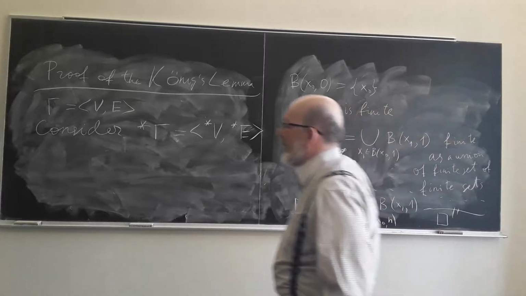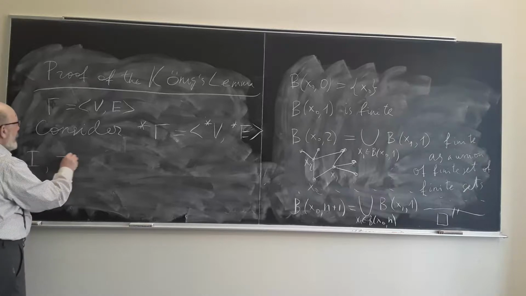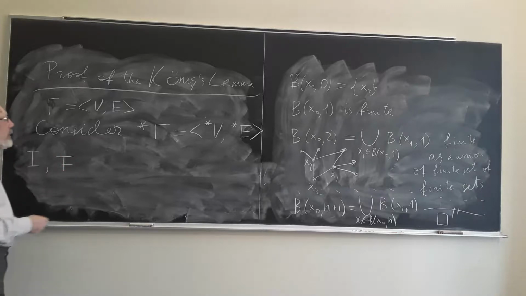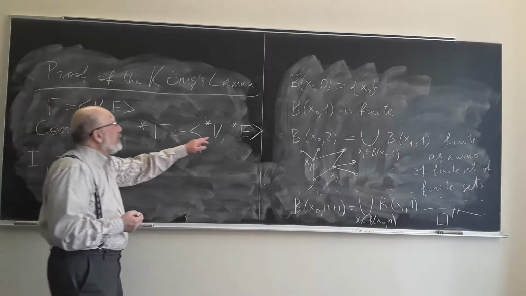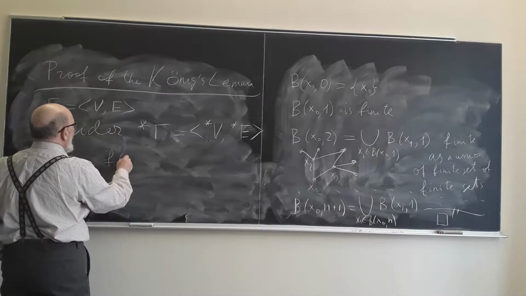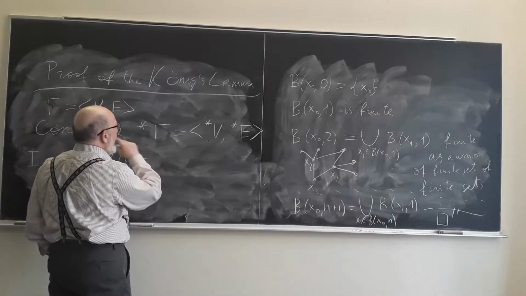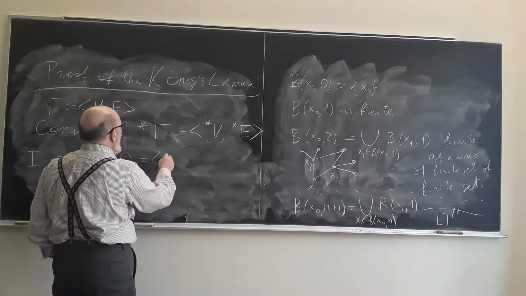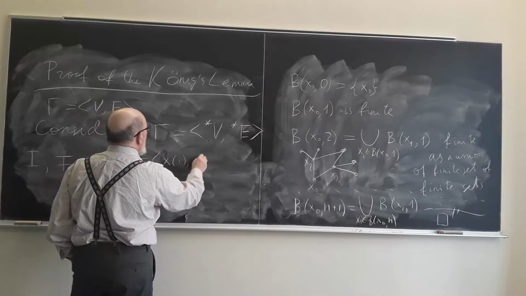So we have to consider an index set I with ultrafilter F, and consider the functions f of i equals, say, the pair x of i and edge e of i.